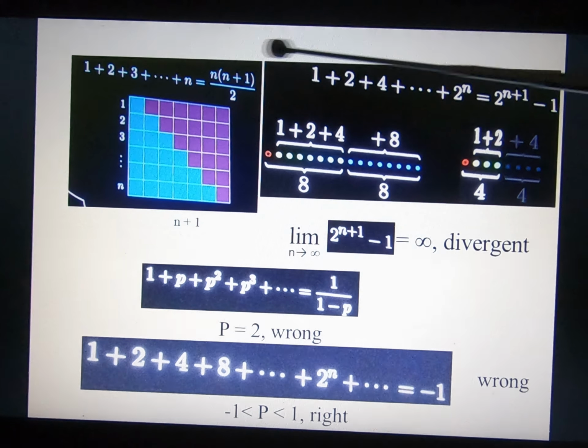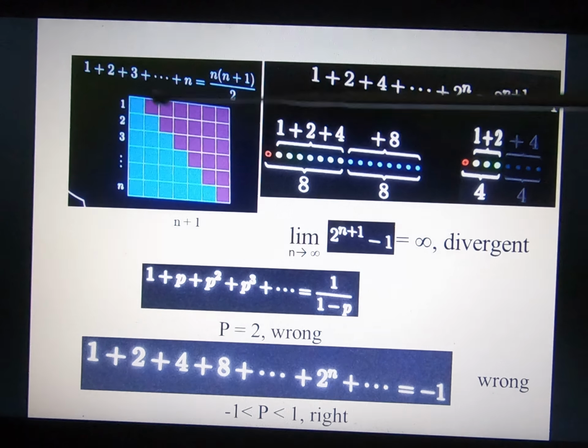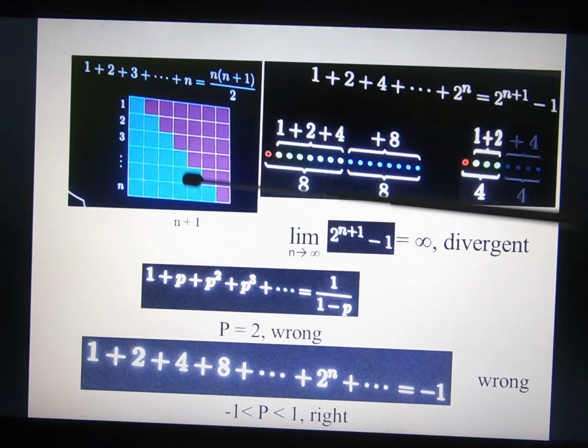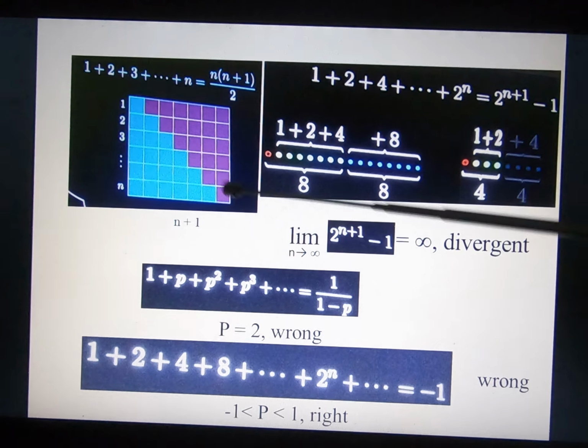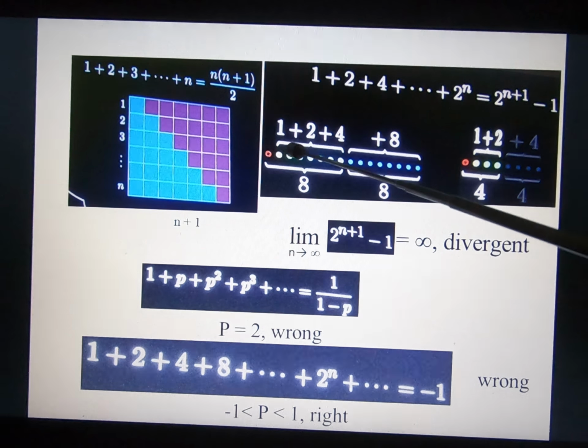Another easy way of looking at this is getting the partial sum like this. You have n here, n plus 1 here, and you add one more half. So that's one way.